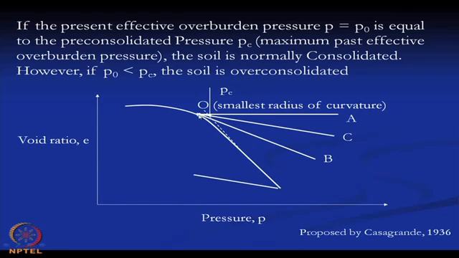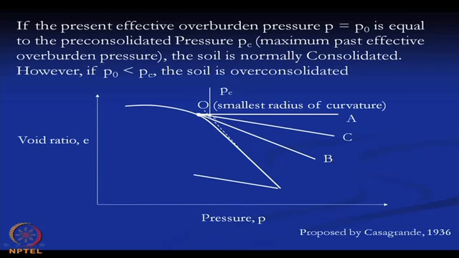Now, from point O draw a line OA which is parallel to the pressure x axis. Then draw a line OB such that OB is a tangent at O, then draw another line OC such that it bisects the angle AOB.